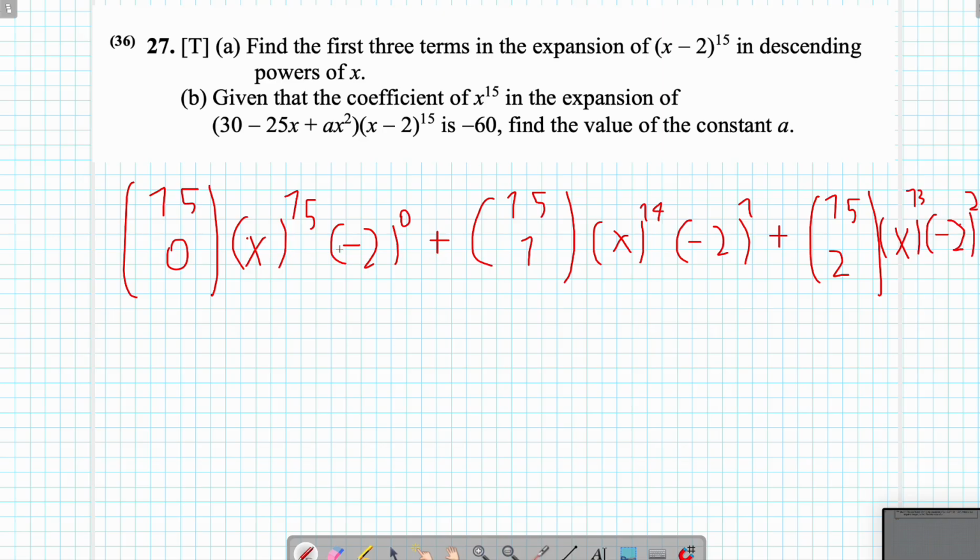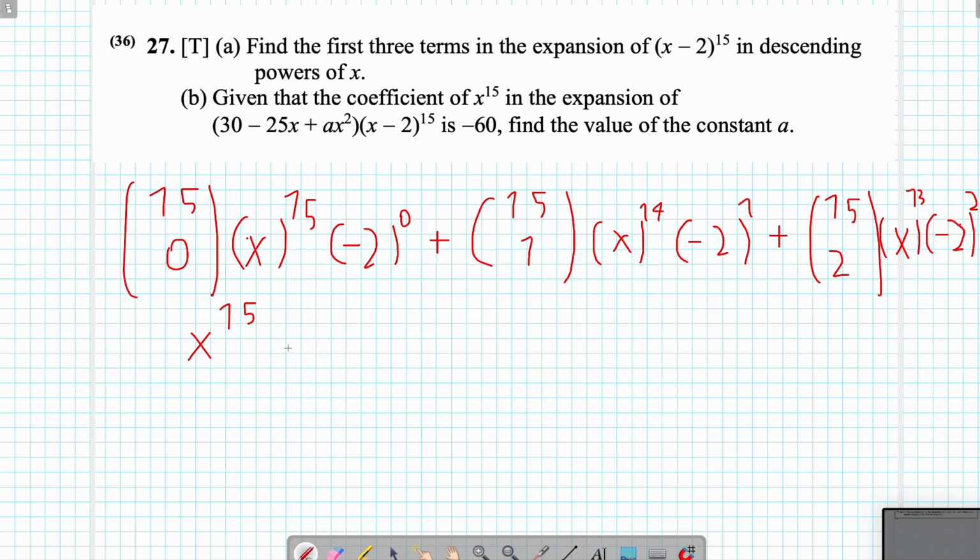Then let's simplify. 15c0 is 1 times negative 2 to the 0, which is 1, so we're gonna have x to the 15 plus 15c1, which is 15 times negative 2, negative 30.